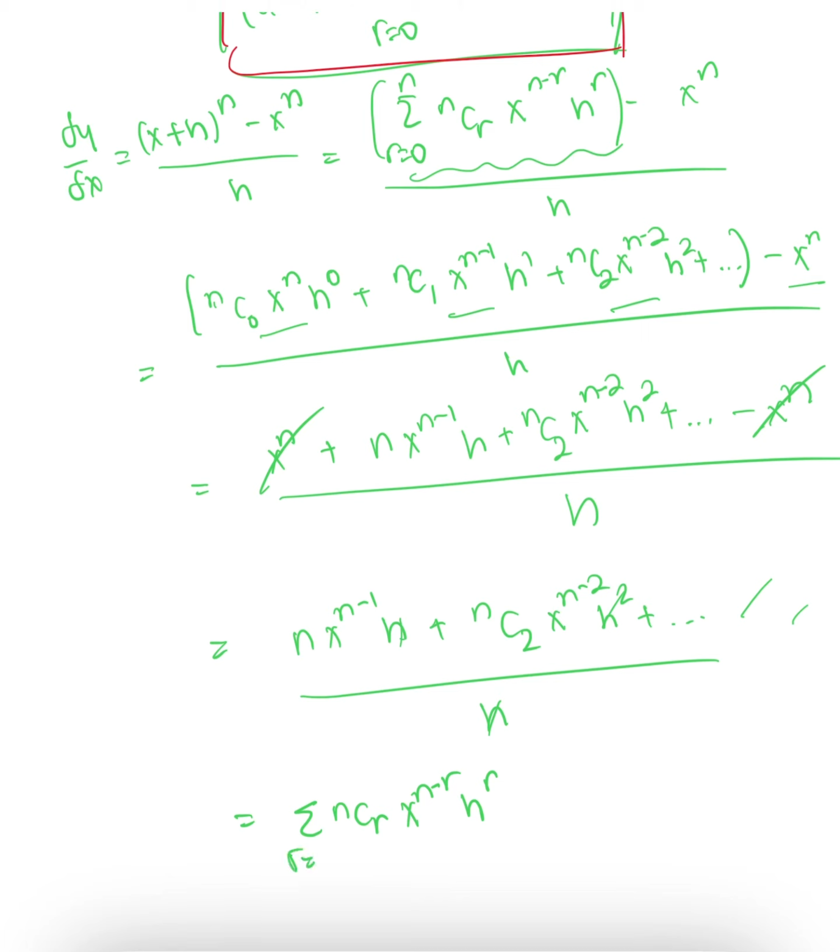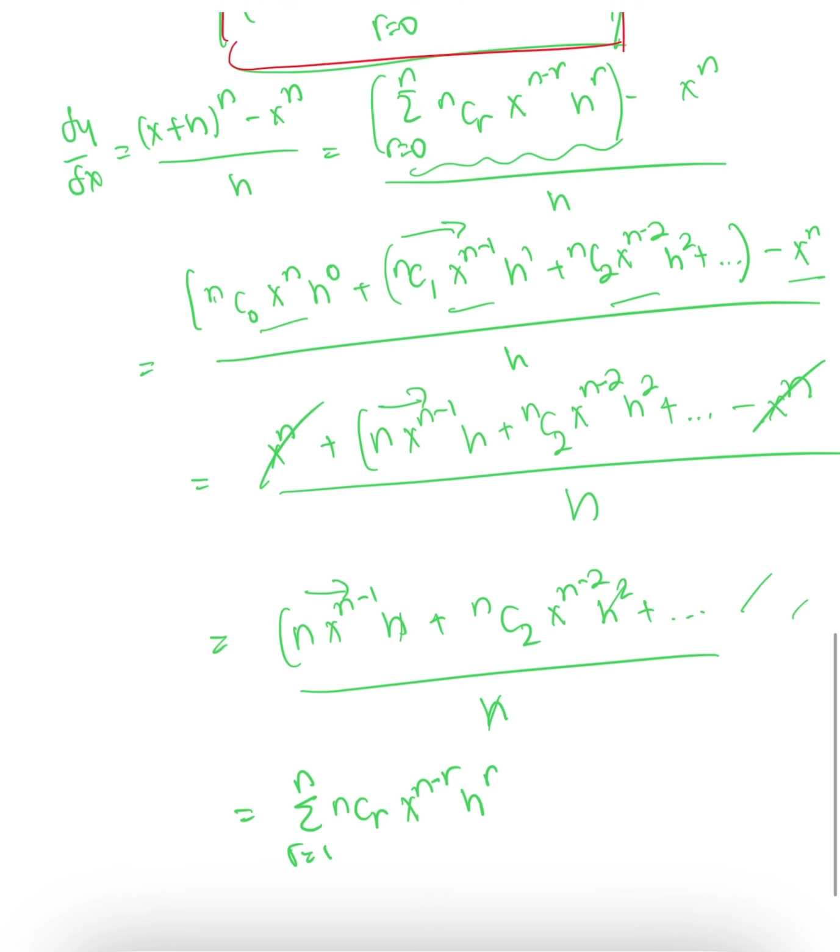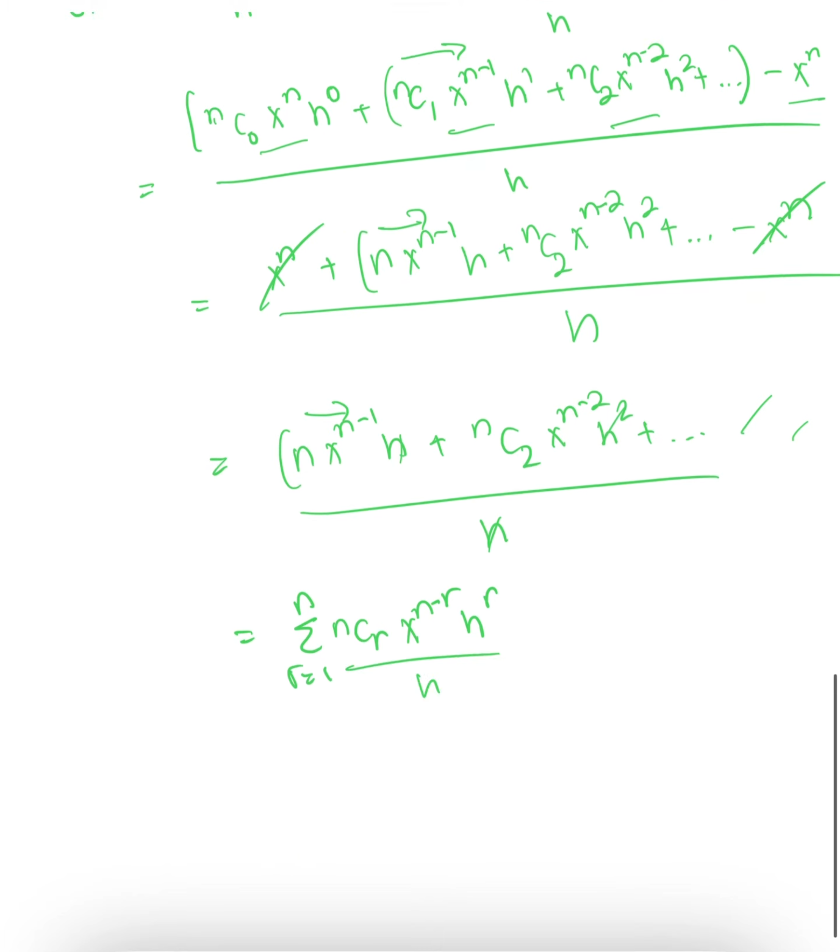From r equals 1 up to n, as in I'm starting here, going forward. Okay, but this now, I divide it by h. And essentially, if I divide this by h, it's the sum of r equals 1 up to n of n choose r x^(n-r) h^(r-1), because I've divided it by h now.